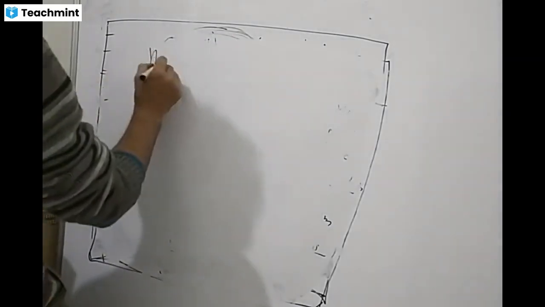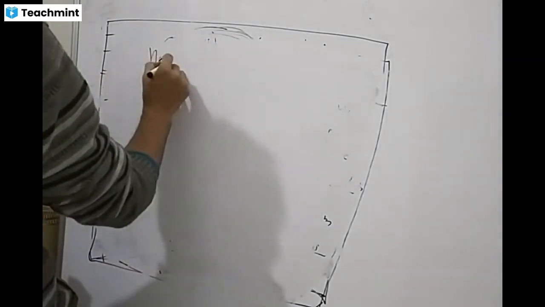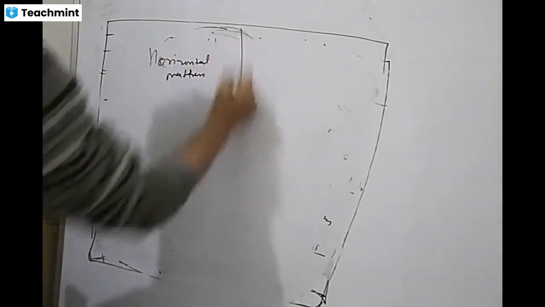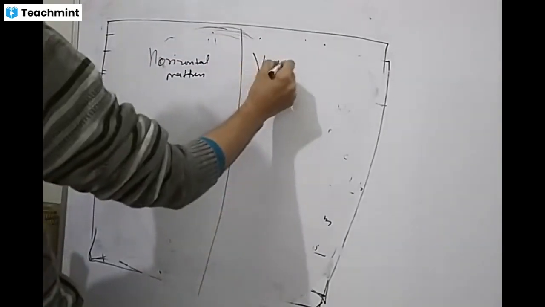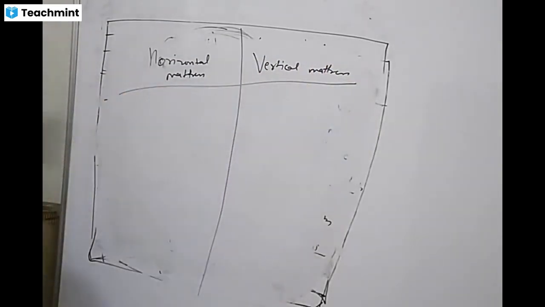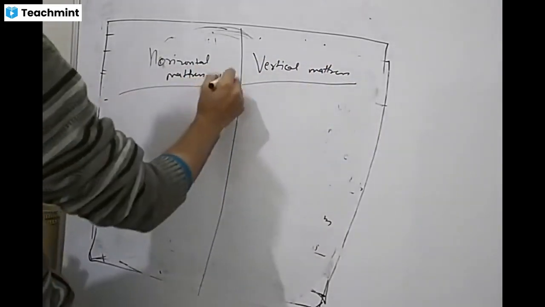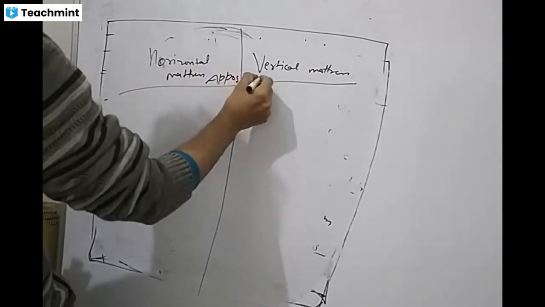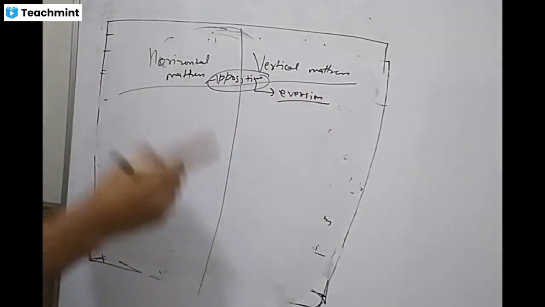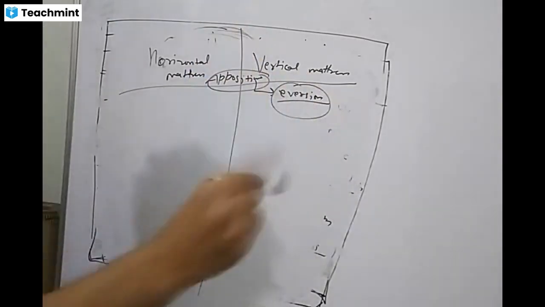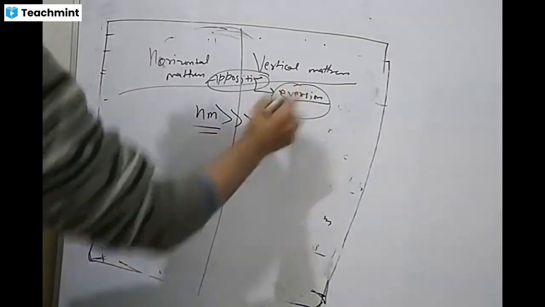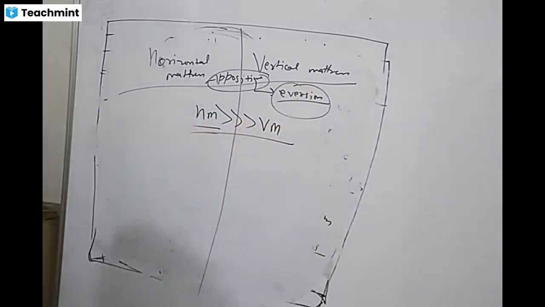Next is horizontal matrix and vertical matrix. Both are a type of appositional suture, but they cause eversion of the margin. If we look at the eversion of the margin, then horizontal matrix causes more eversion as compared to vertical matrix.